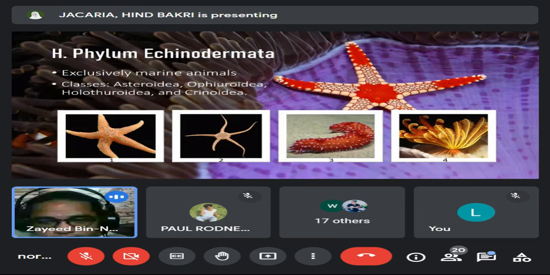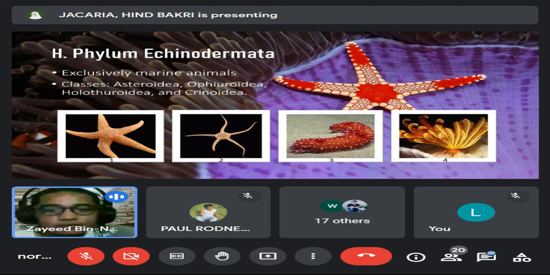Here we have the phylum Echinodermata. Phylum Echinodermata are radially symmetrical coelomate marine animals, including the starfish, sea urchins, and related forms. Radially symmetrical means having similar parts regularly arranged around a central axis.